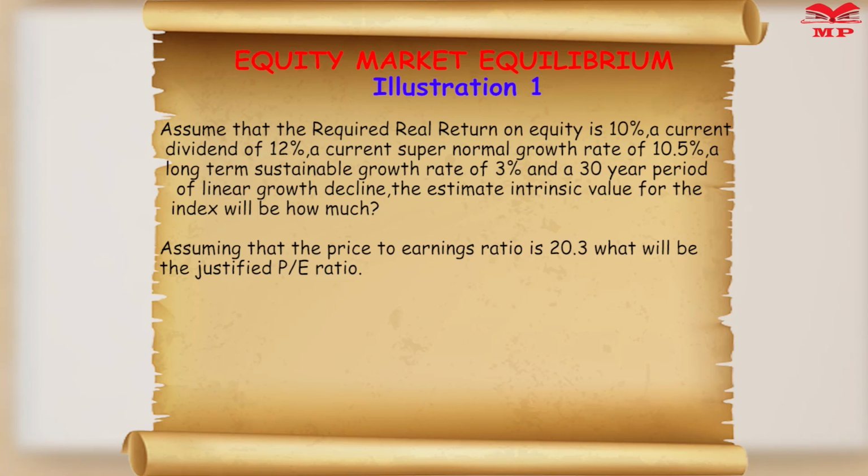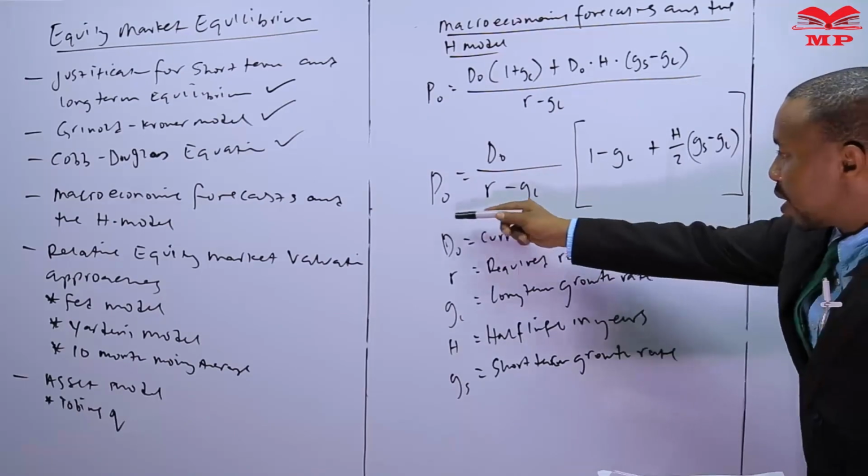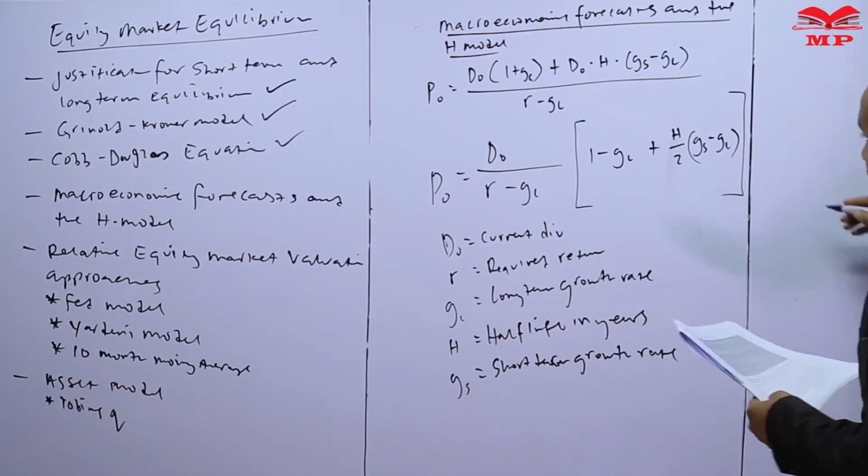The estimated intrinsic value for the index will be how much? Assuming that the earnings are 20.3, what will be the justified PE ratio? So we identify the inputs. We're trying to estimate P0.